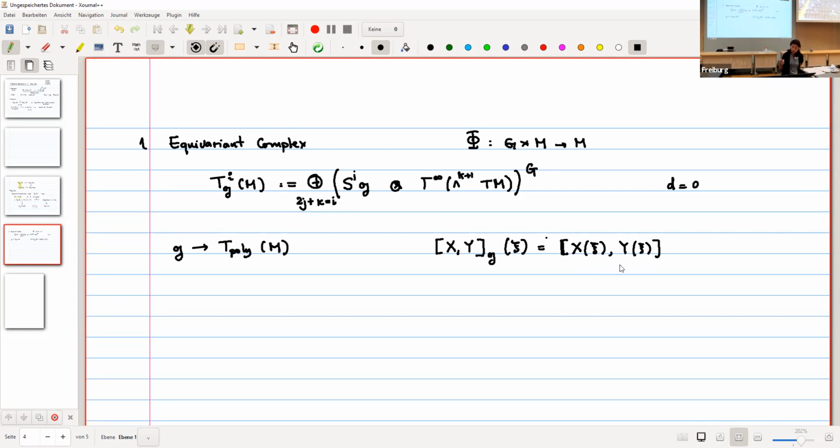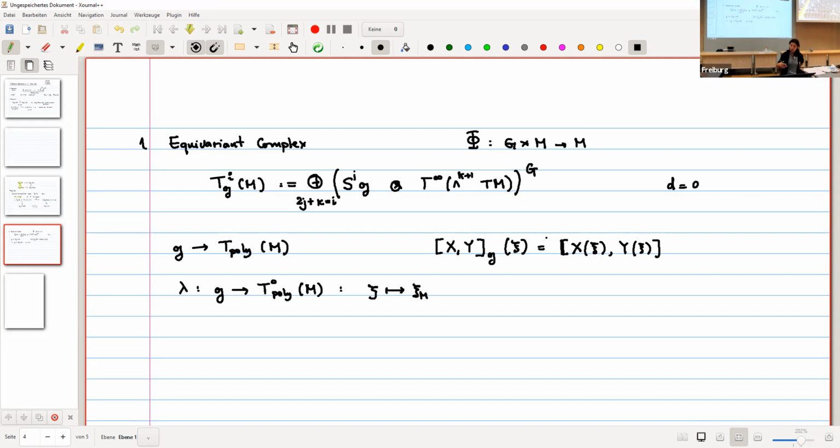Okay, and how can I now insert the action? You have, of course, a canonical map that takes an element in the Lie algebra and gives you the fundamental vector field of your action.